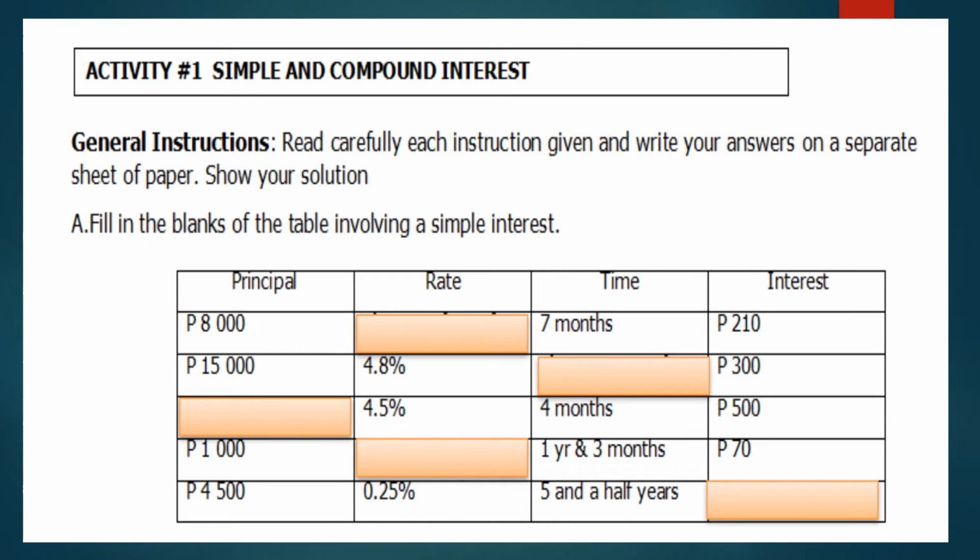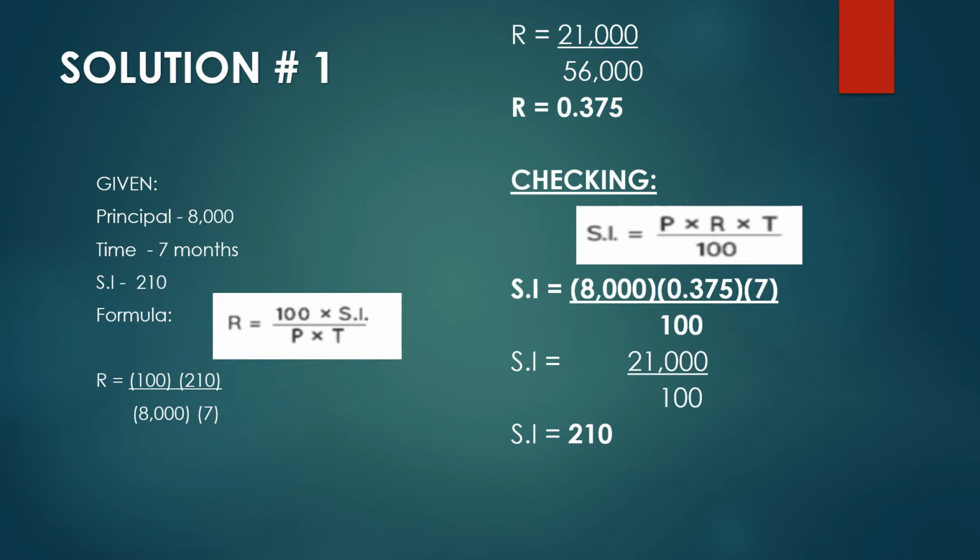Okay, for number 5, 4,500 principal amount, rate is 0.25%, and then the time of payment is 5 years and a half, or 5.5 years. So in this number 5, you have to identify the simple interest. So this is number 1 in activity 1.